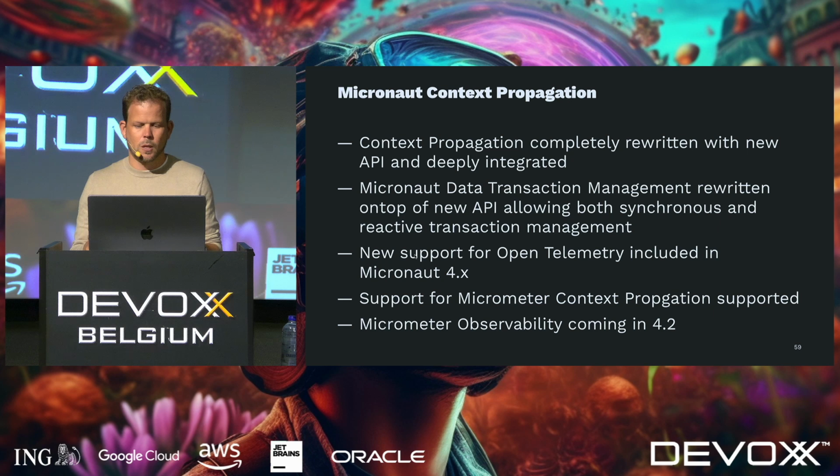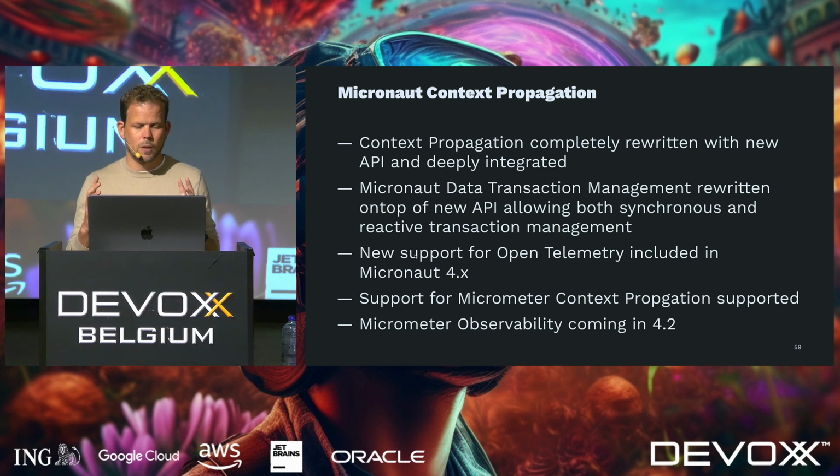A lot of folks were also asking for OpenTelemetry support. So we wanted to base our OpenTelemetry support on the new context propagation API, so we were putting it off. And then there's also new support for context propagation in Micrometer, as well as a new module for Micrometer called Micrometer Observability.